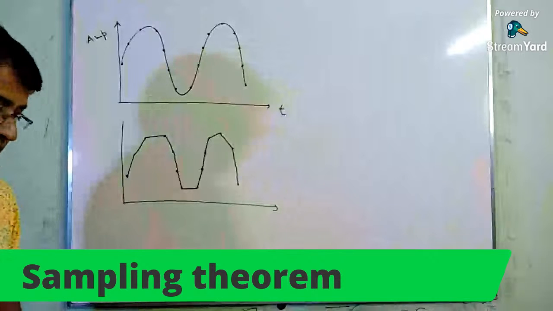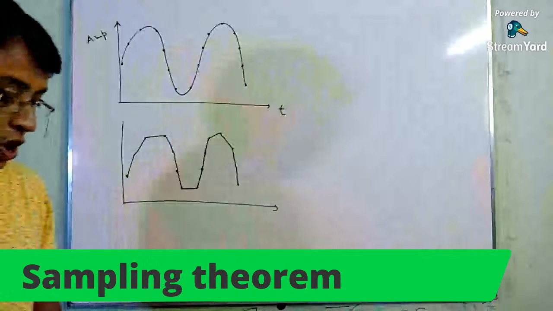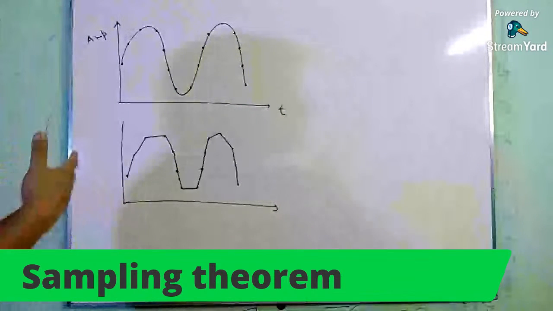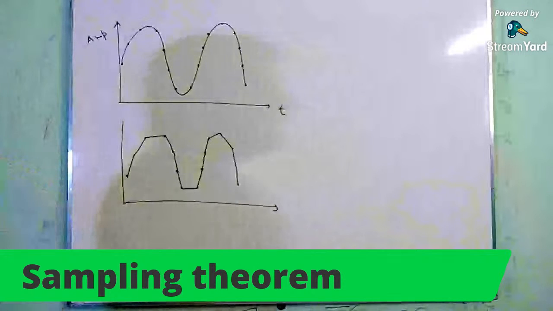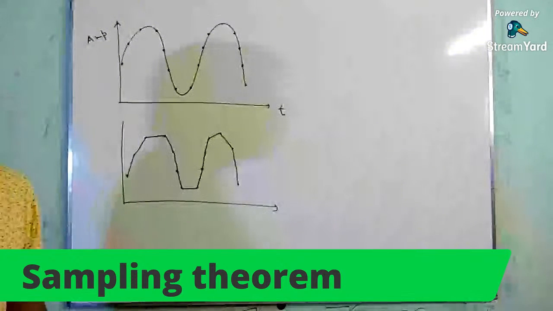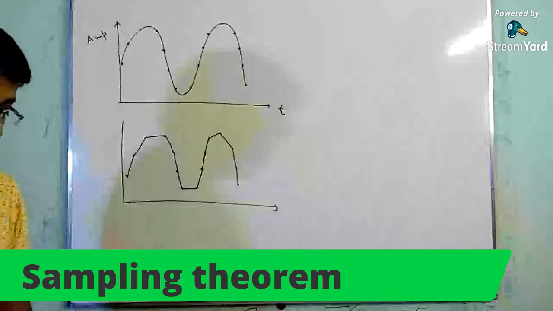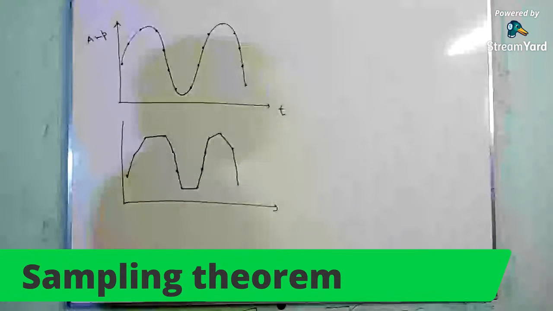a continuous signal can be reconstructed in full, or properly sampled, only if it does not contain frequency components above one half of the sampling rate.